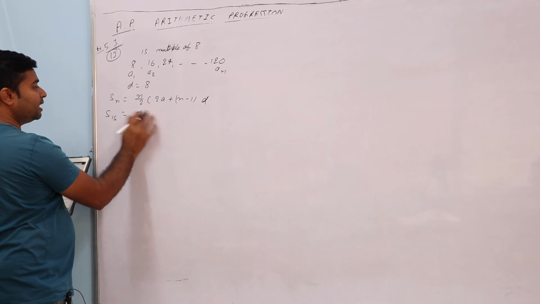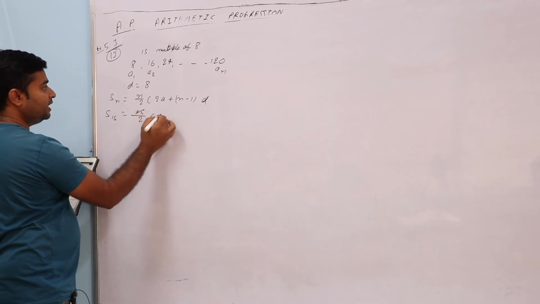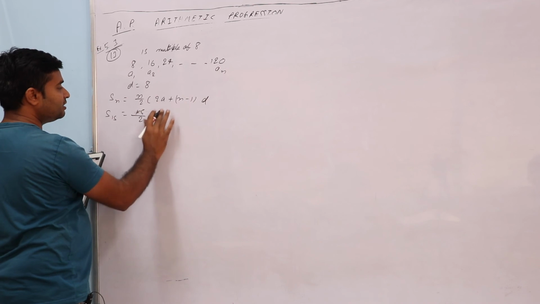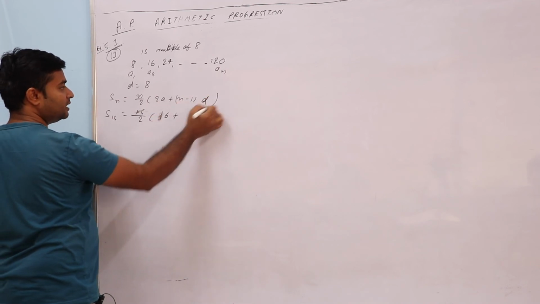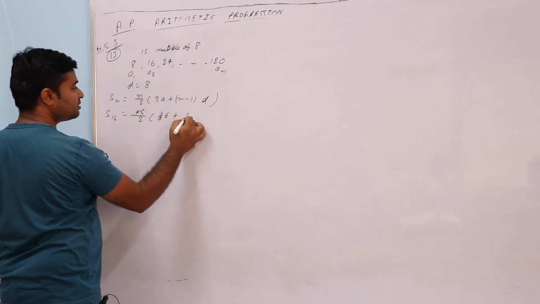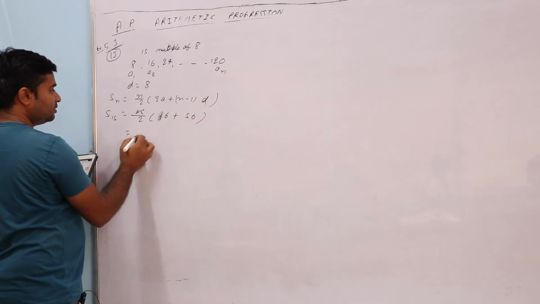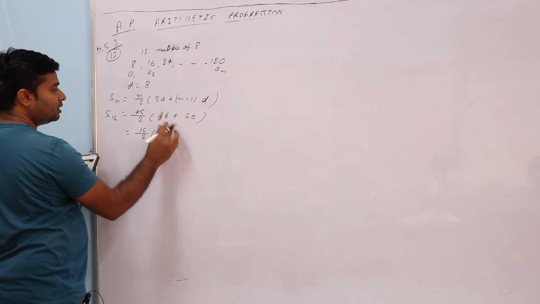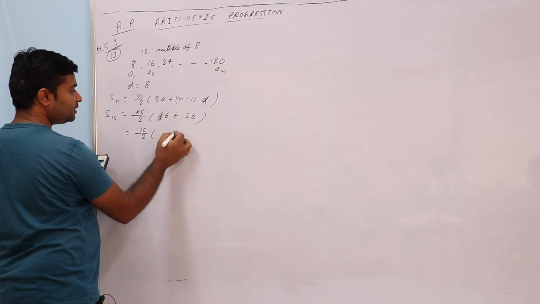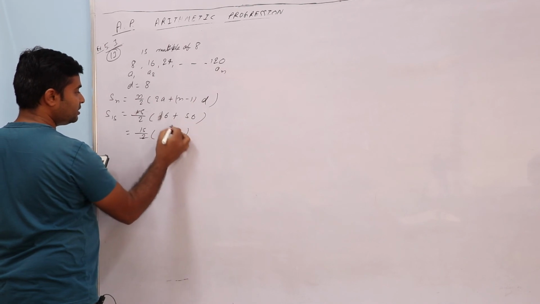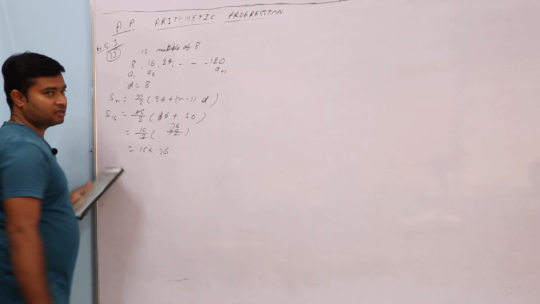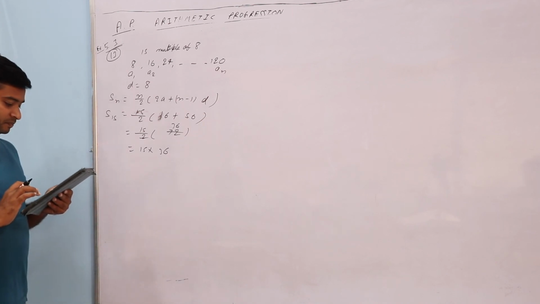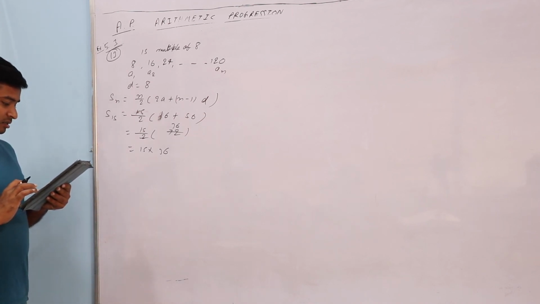So 15 by 2 into 2 into 8, 16, plus 8 minus 1, 7. 7 into 8, 56. So now 15 by 2 into 56.